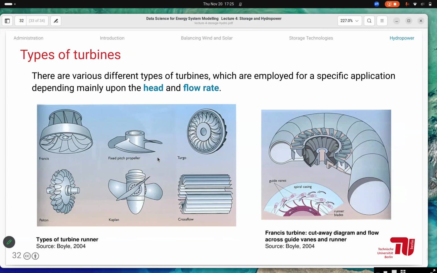Okay, different types of turbines I mentioned. This is not a technical course about introducing different types of turbines, but just so that you have seen it, there are different types, and they are used for specific applications depending on the head and the flow rate, so the height difference and how much water is going through.